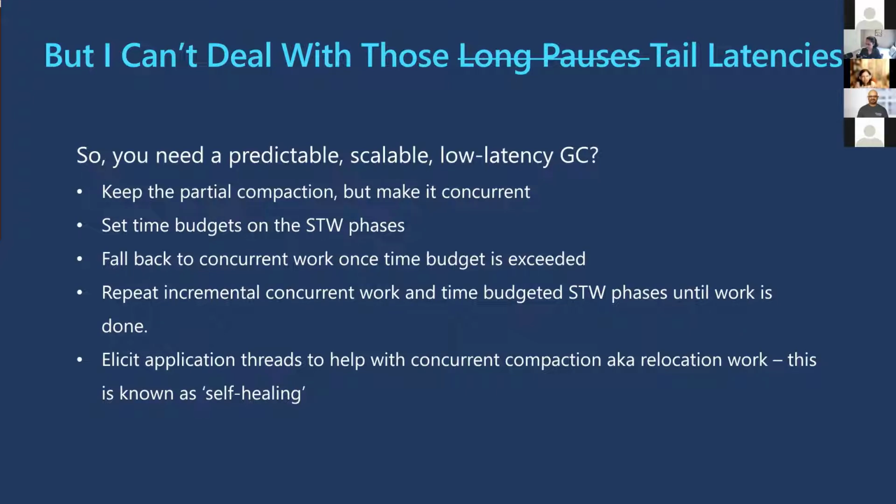So at that time, if everything else fails, I want to be able to recruit the application threads. I say, hey, application threads, please help out. I'm unable to keep up with the work that you're doing. So I need you to back off for some time and help out with my GC work. And that's the worst case. So with these concepts in mind, let's design a low latency collector.